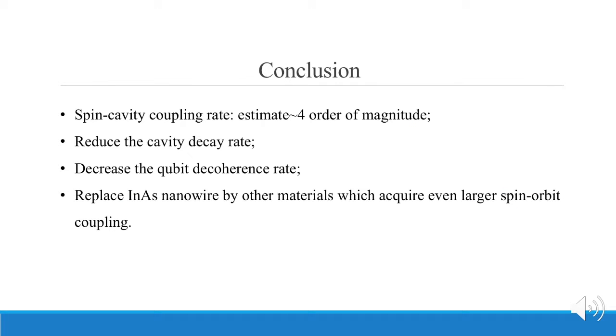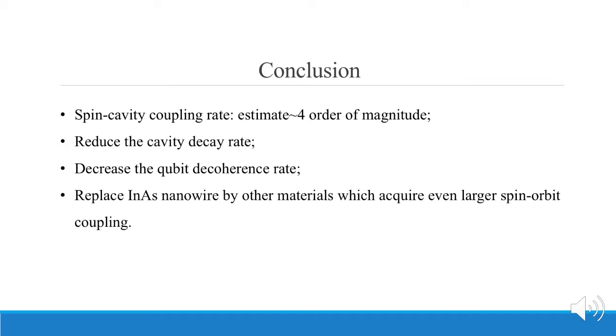At the end of the paper, it provides a rough estimate that the spin cavity coupling rate is 4 orders of magnitude larger than the coupling rate that could be obtained by coupling a single spin to the magnetic field of the microwave cavity.